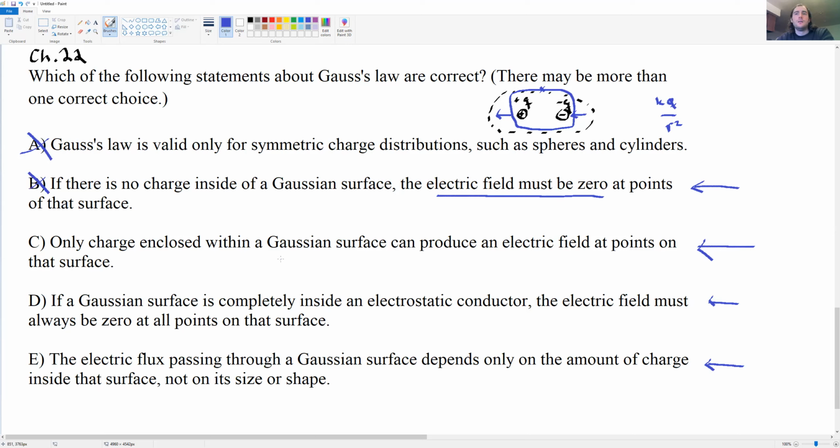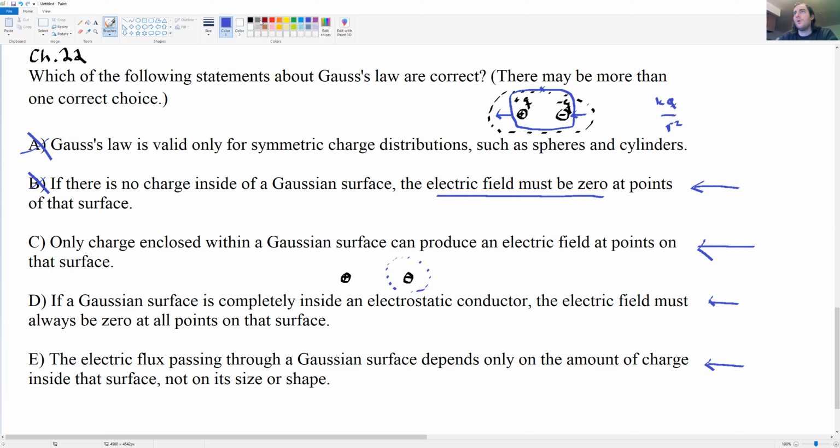Option C, only charge enclosed within a Gaussian surface can produce an electric field at points on that surface. Well, again, we can take a look at a positive charge here, a negative charge here, and a Gaussian surface which encloses just this negative charge.